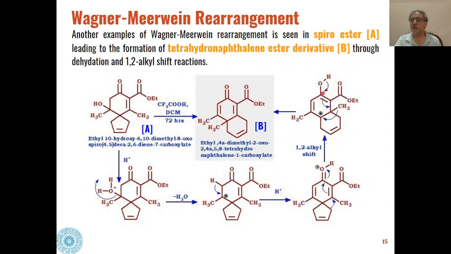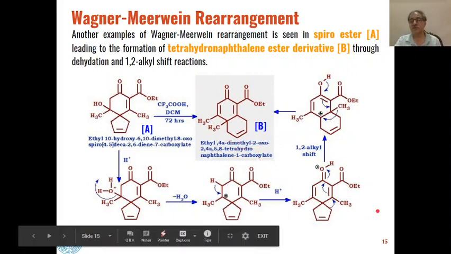This will form a carbon oxygen double bond, this double bond will move to this place, and this 1,2 methyl shift will take place here. And that is how these types of spiro compounds, through ring expansion and 1,2 alkyl shift, are converted into these types of tetrahydronaphthalene ester derivatives.